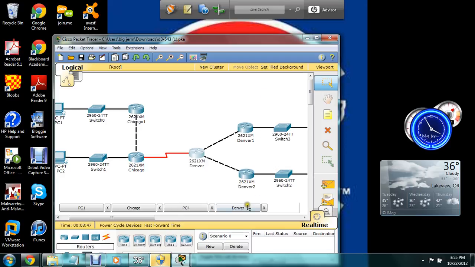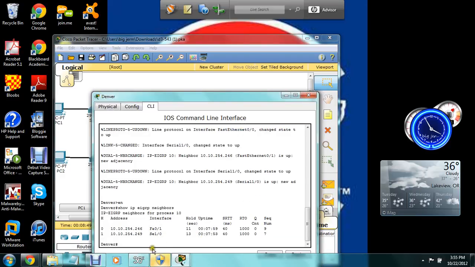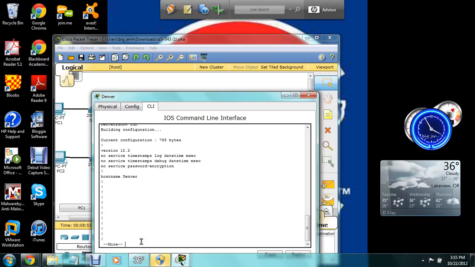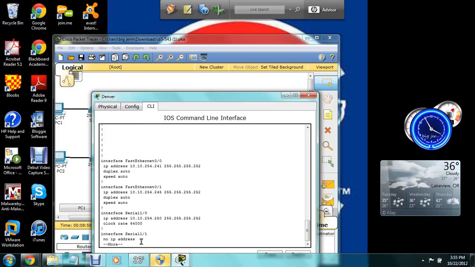And then we'll go to our show running configuration. Okay, it's reading that we have our interface FastEthernet 0/0 on this one. It's not showing us that it's our neighbor, but it is showing that it's set up on there.